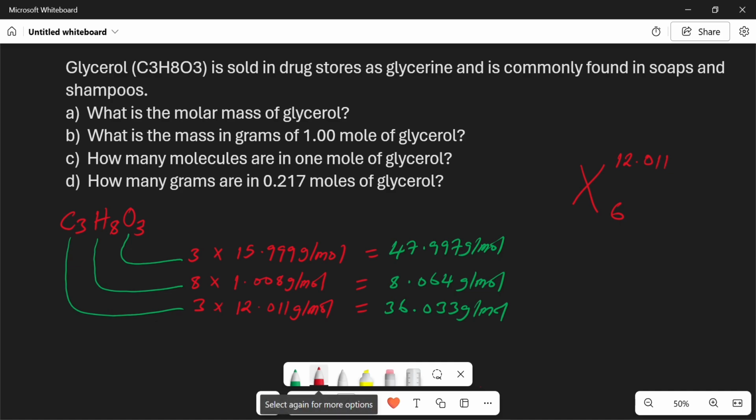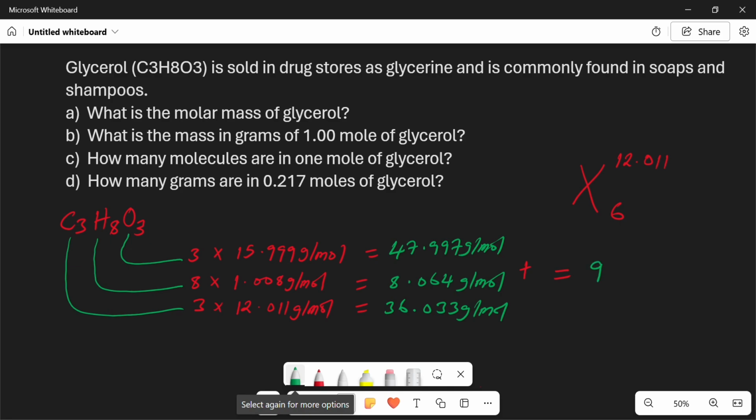After doing that, the next step is we need to add 47.997 to 8.064 and then add it to 36.033. What we are going to find is what we are looking for, the molar mass for glycerol.